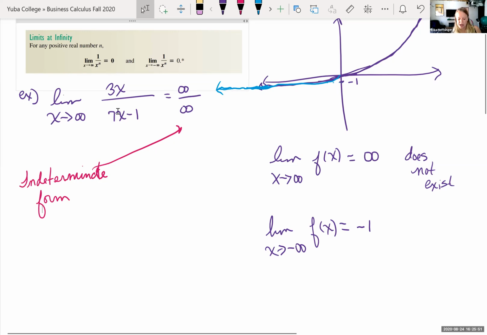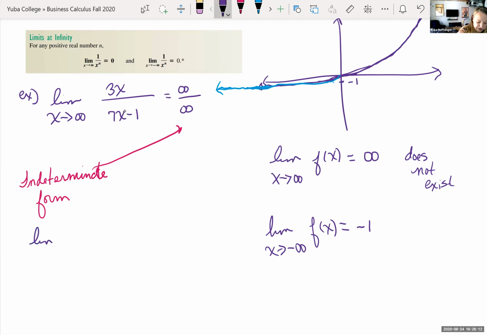The degree of the denominator, the highest power of x, is x to the first. And if we multiply the numerator and denominator by 1 over that variable to the highest power, then it will fall out that we don't get infinity over infinity.